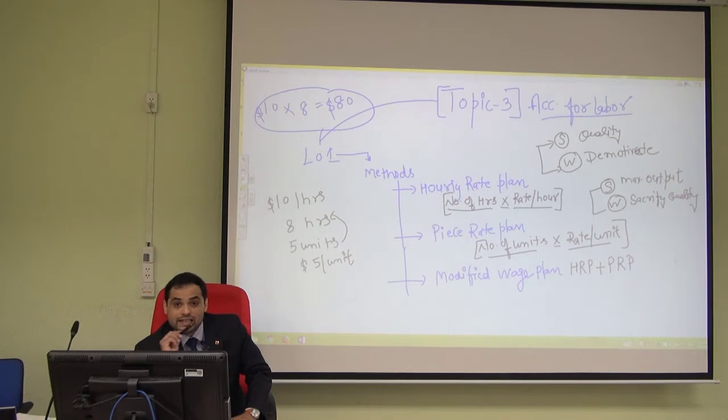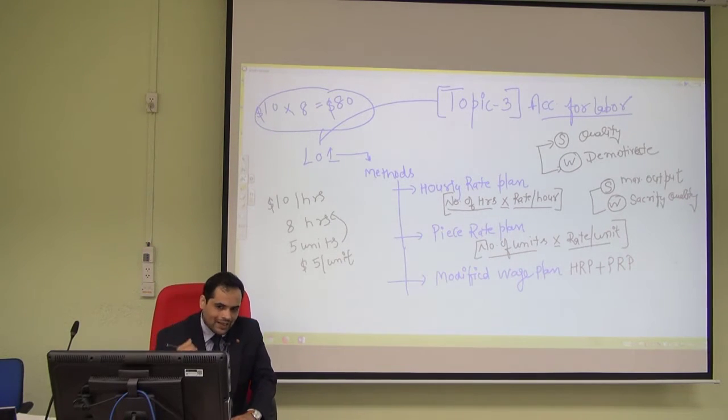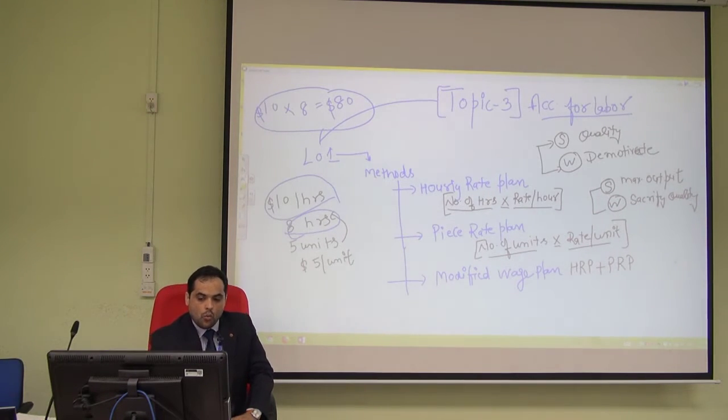Like I said in the beginning of this lecture, sometimes worker performance is not as the company expected. So let's say the worker produces only 4 units. In that case, what will be the labor cost? The labor cost is going to be again $80, because the worker worked 8 hours and the company promised to pay $10 per hour.